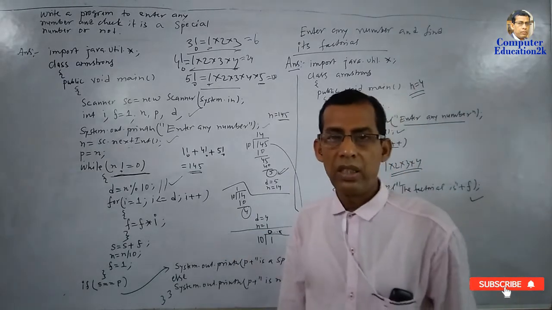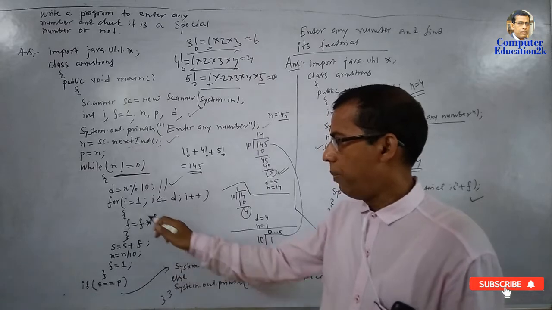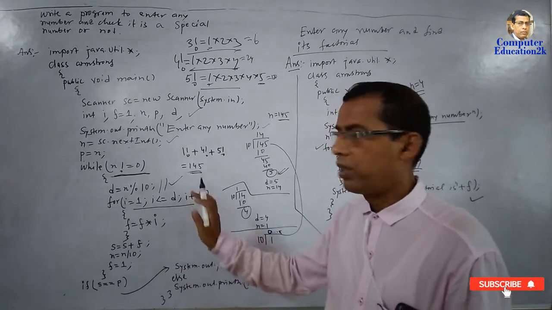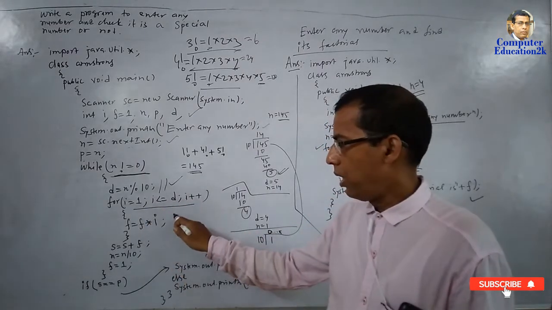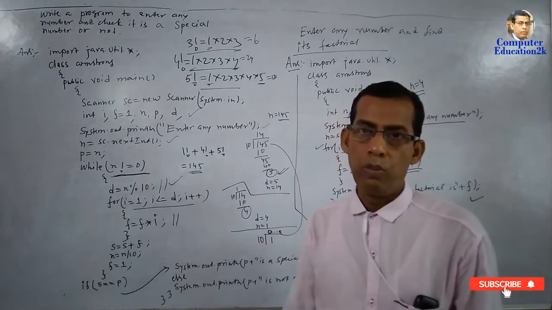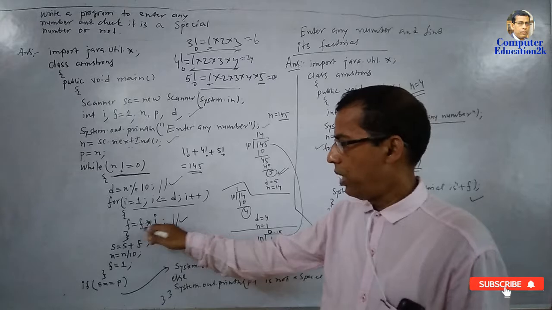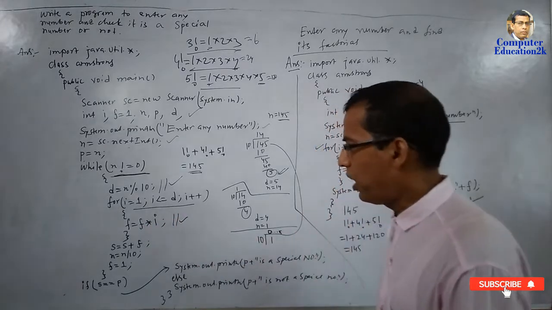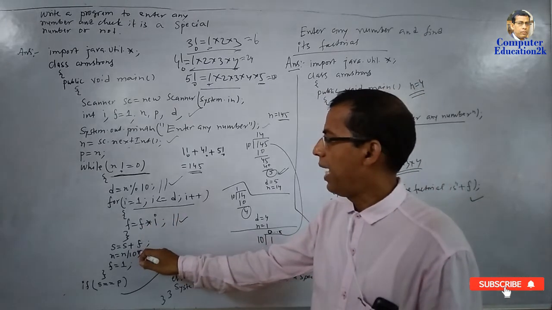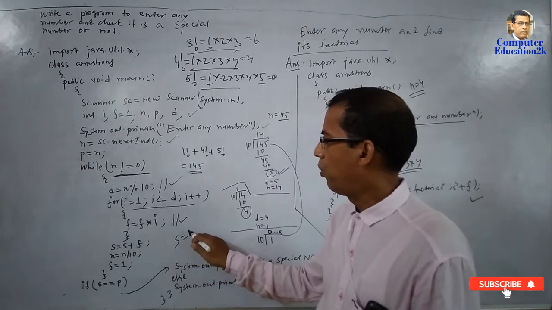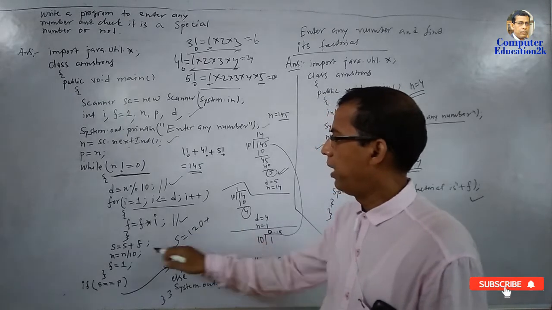That 5 factorial I have to find out. That's why I have made a loop from 1 to 5. D is 5. So 1 to 5, here we will get factorial of 5. 1 into 2 into 3 into 4 into 5 we will get here. So here we will get 120, and that will be added in S.